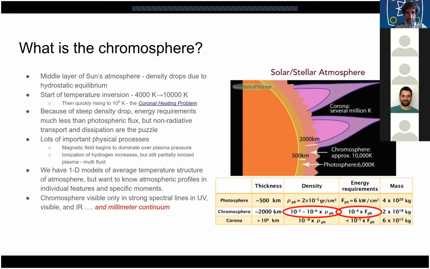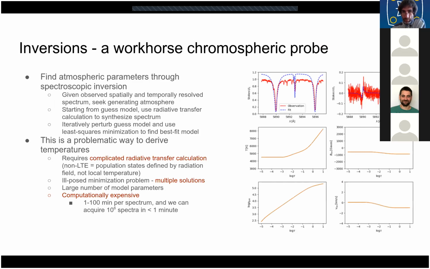There's several ways that we can study the temperature of the chromosphere. Historically, it's mostly been through strong spectral lines like the calcium H and K, the magnesium B lines, infrared lines. But now with ALMA, we can also study it in the millimeter continuum. So speaking of lines, our main way of studying the sun's atmosphere thus far has been through what we call spectral inversions.